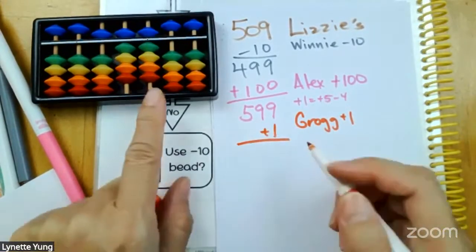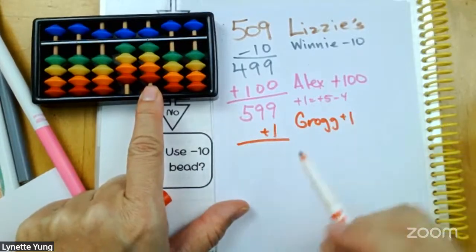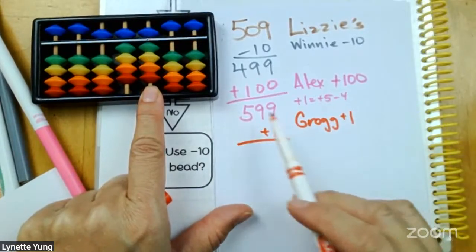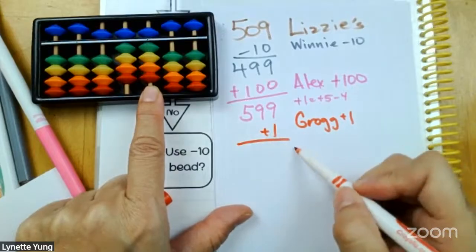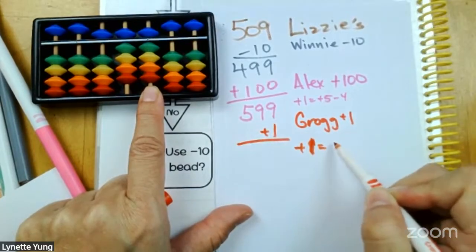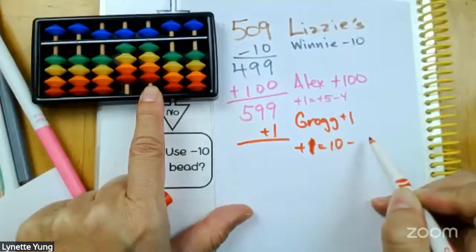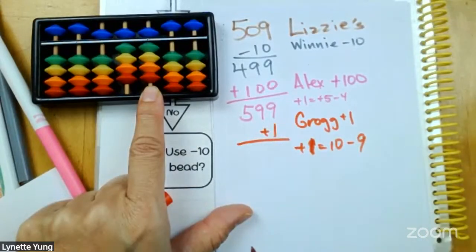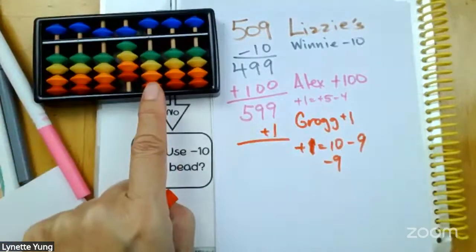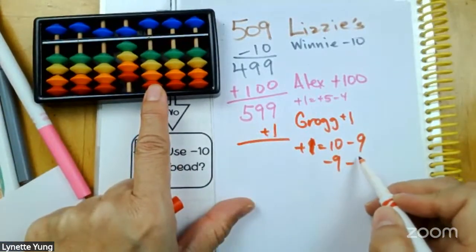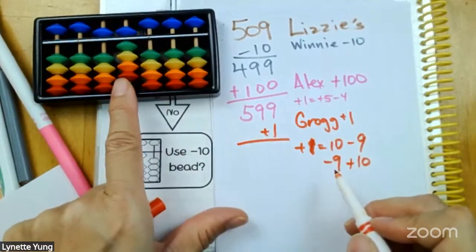So, okay, 599 plus the 1 is plus the 10 minus the 9. So you can't plus it, let's minus the 9 first. And then I want to plus the 10.